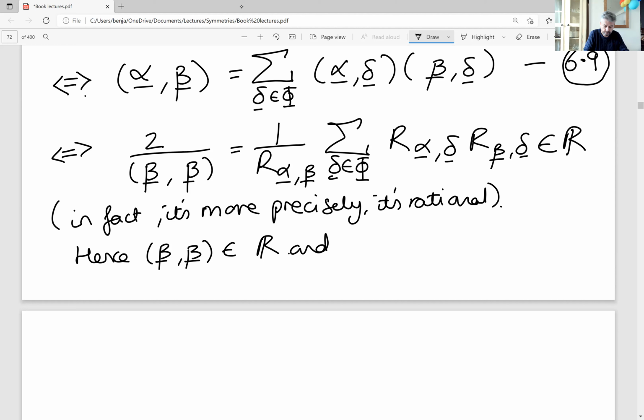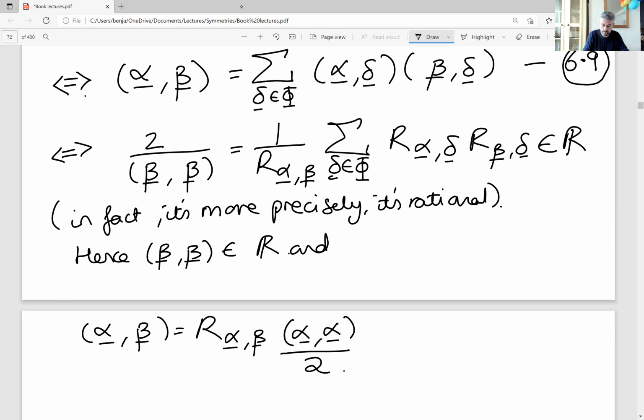And (alpha, beta), if we just rearrange the definition for R alpha comma beta, so just from the definition of R, we have that (alpha, beta) is this.